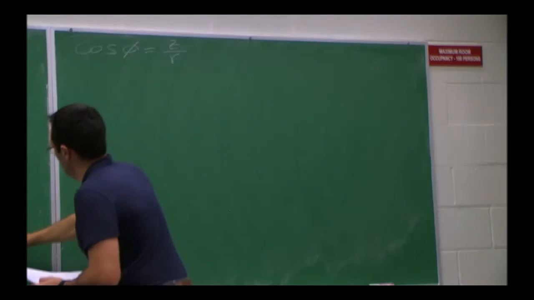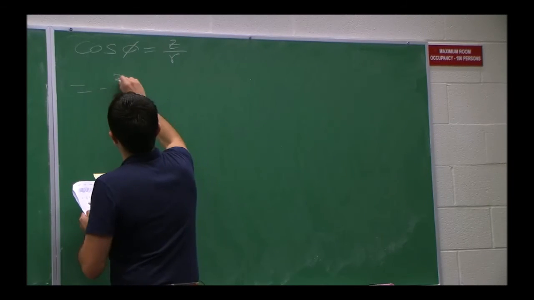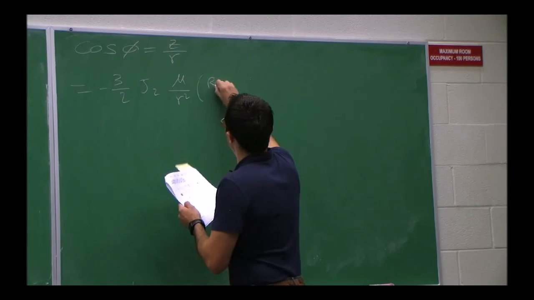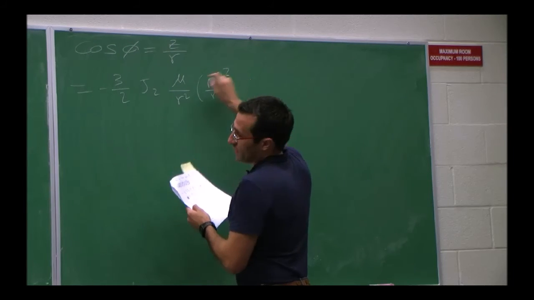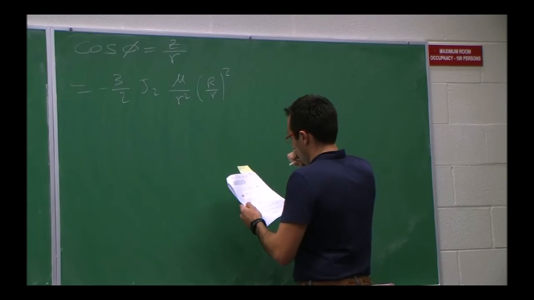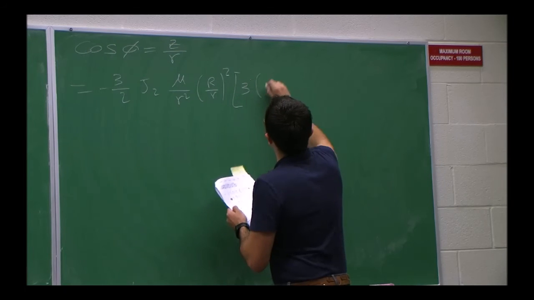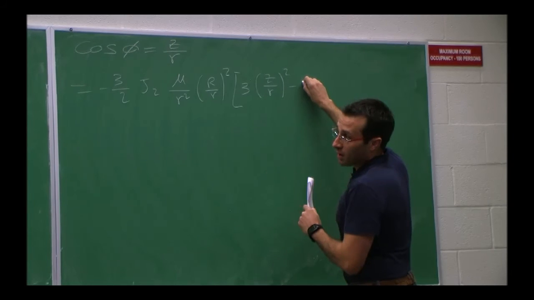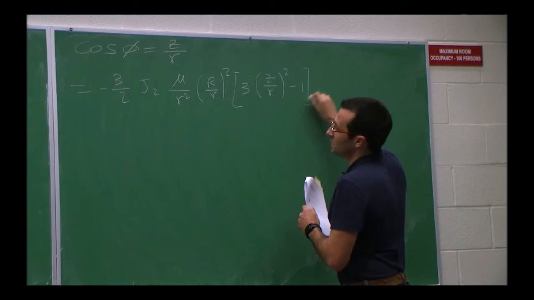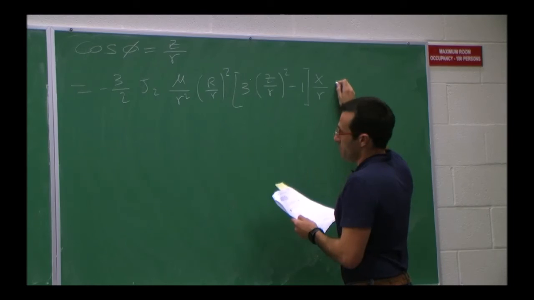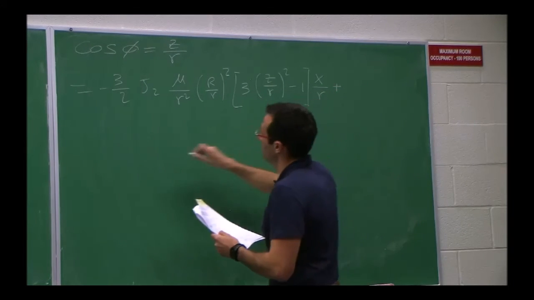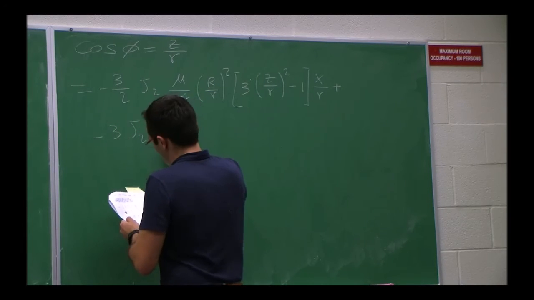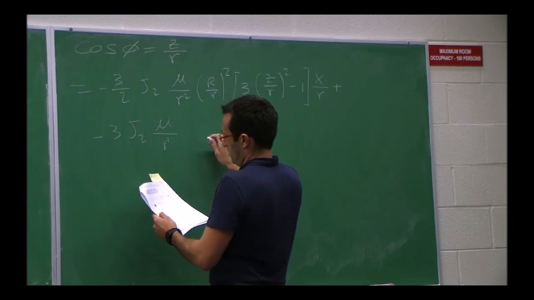Let's see what we get. I have a minus 3 over 2 J2 mu over r squared, big R over little r squared. I'm still looking at the first one. So this becomes a 3 z over r squared. This is the cosine of phi, right? Minus 1, that is still multiplying this x over r, plus, well, minus, plus minus, 3 J2 mu over r squared.